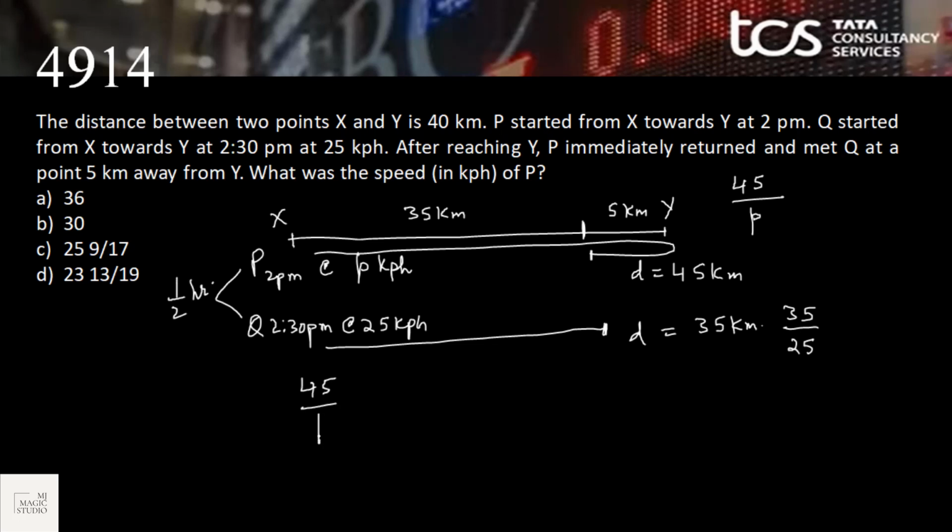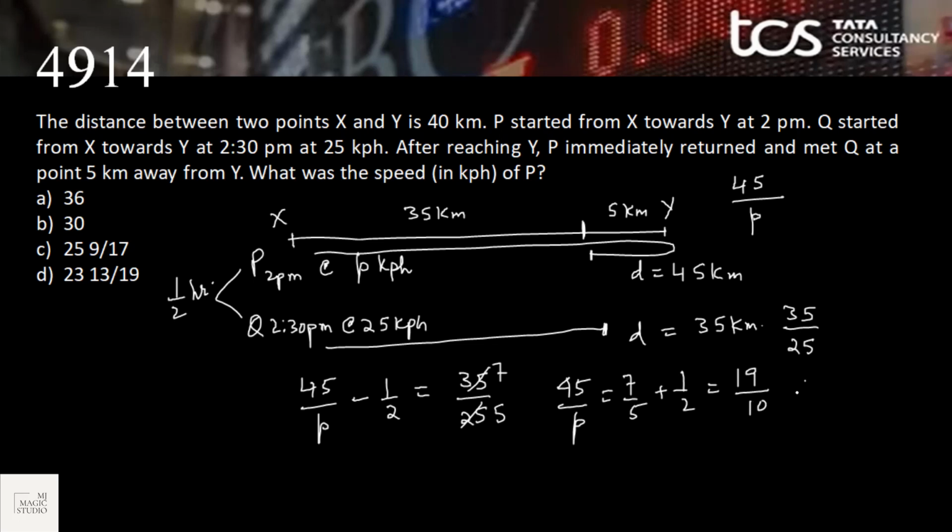Hence, 45 by P minus half equals 35 by 25. If we solve this, what will we get? 45 by P is 7 by 5 plus half, 14 plus 5, 19 by 10. So, P equals 450 by 19, option D.